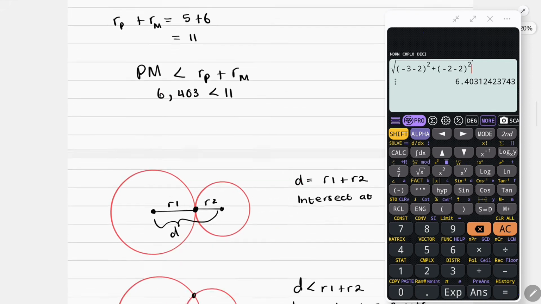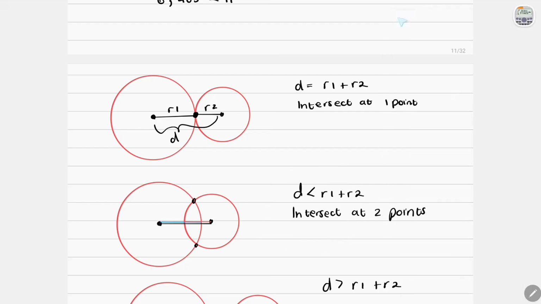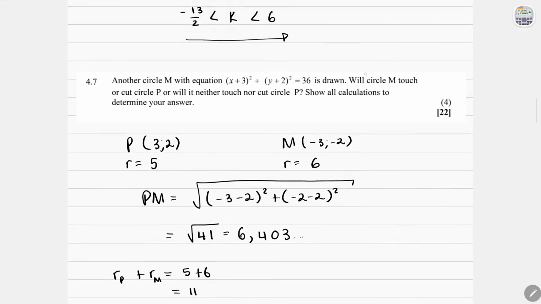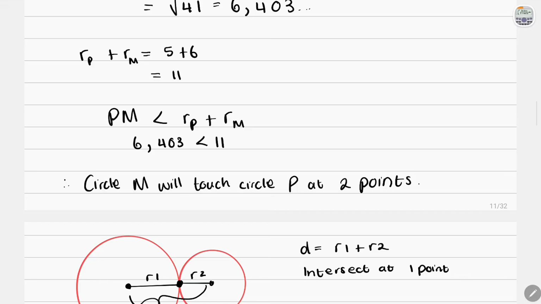If your distance is less than the addition of the radii, it means they intersect at 2 points. So you can actually just conclude that, yes, they will intersect at 2 points. So in conclusion, circle M will touch circle P at 2 points, or twice. Okay, and that is our answer.